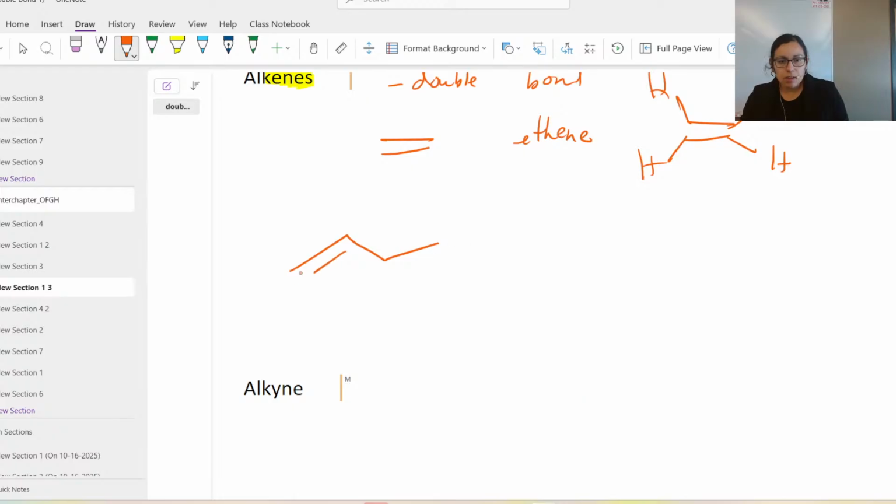So now let's look at butene. So 1, 2, 3, 4, but assigning priority, this is 1. So this would be 1-butene, so but for 4, and then write the 1 indicating the position of our double bond.